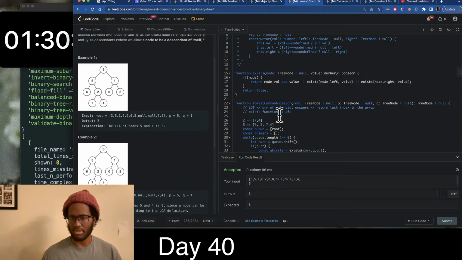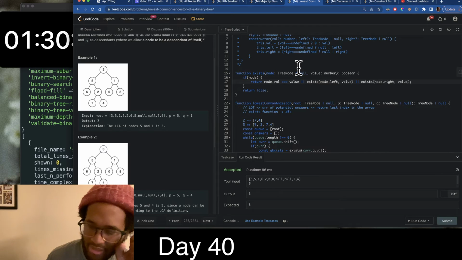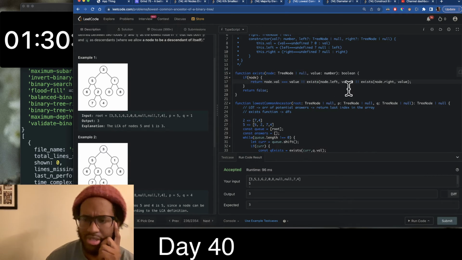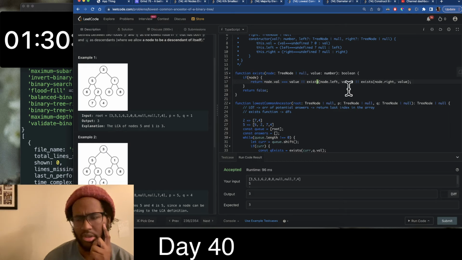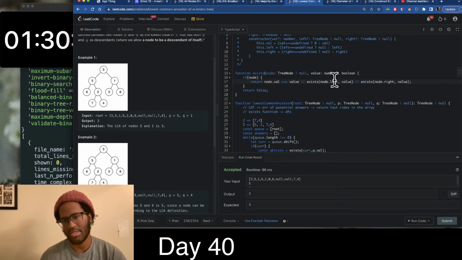Curd and exists checks the entire subtree. We could speed this up maybe by not actually, bound equals value, and then it does another 2 more calls. That's probably why it's taking so long.